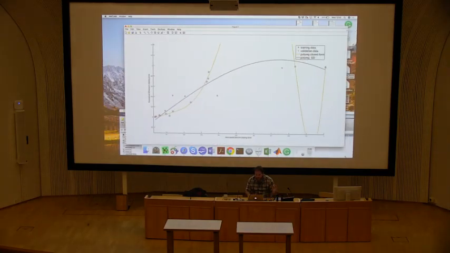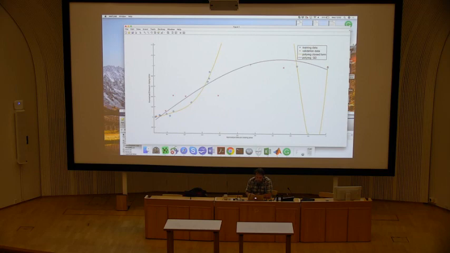We call this, in this case, validation data. So we learn a hypothesis or a predictor on training data and then evaluate it on new data, validation data, and these are the red crosses here.